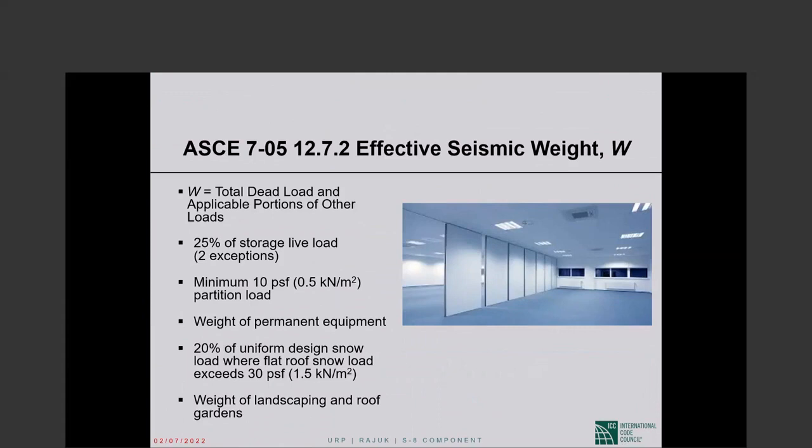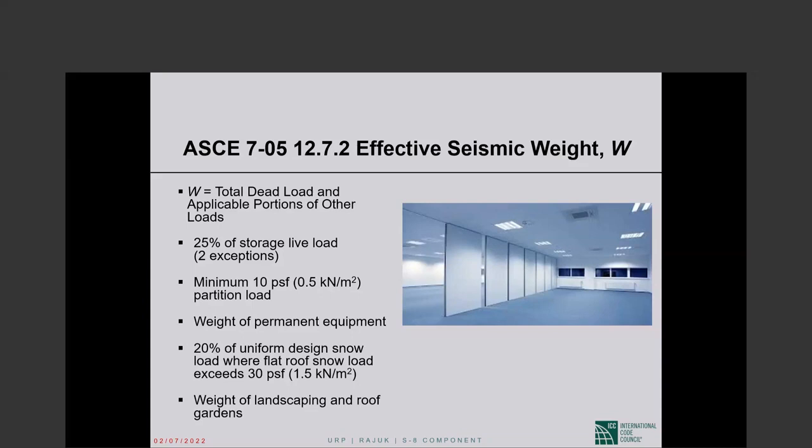So when a design earthquake comes, if it is a storage facility, it is extremely unlikely that the material that is stored will not be there.